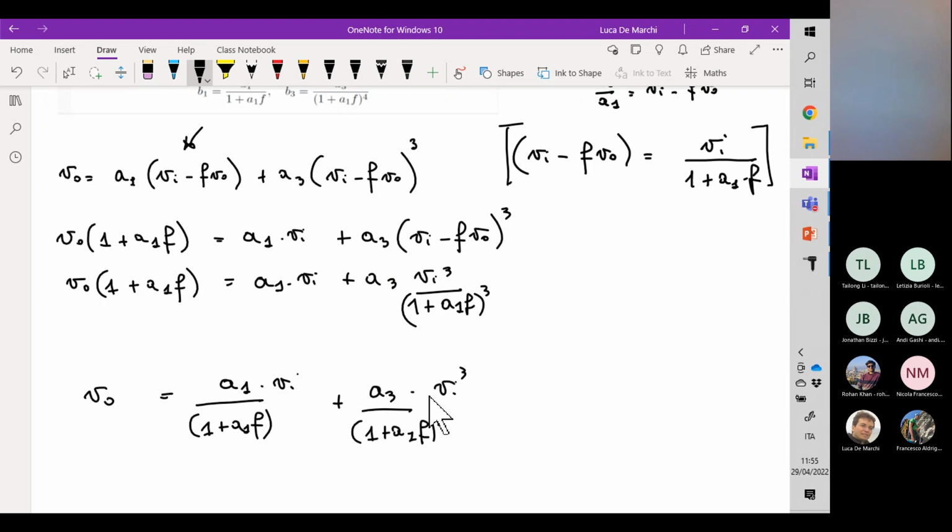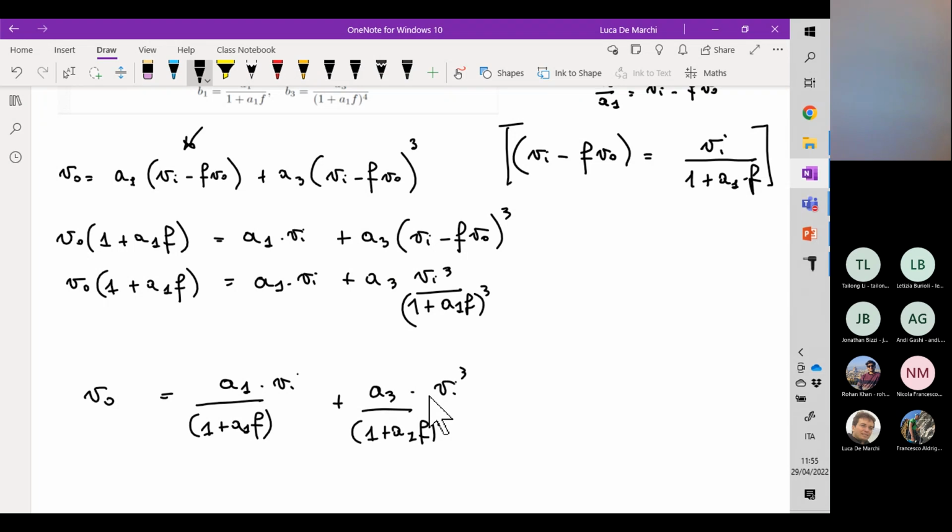Okay, so the output impedance of the whole circuit is the output impedance of the amplifying stage divided by this quantity. Since typically this denominator is much larger than the unity, the output impedance after the application of the feedback loop is much smaller than the output impedance of the pure stage.